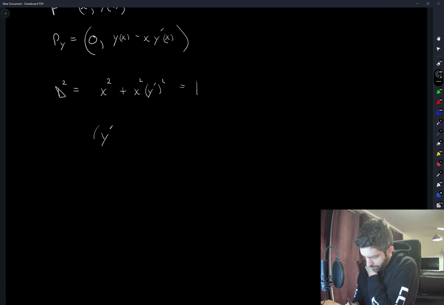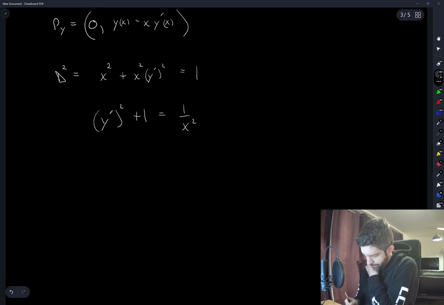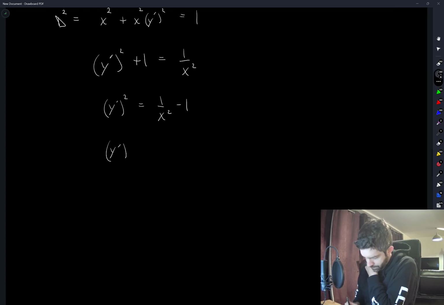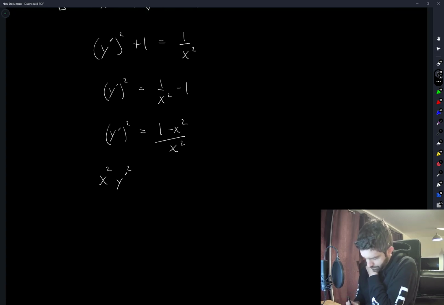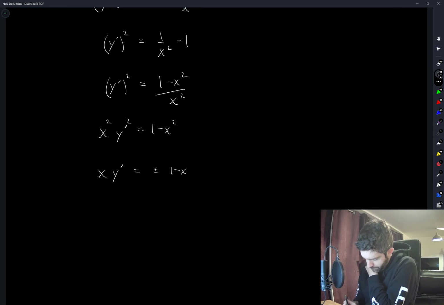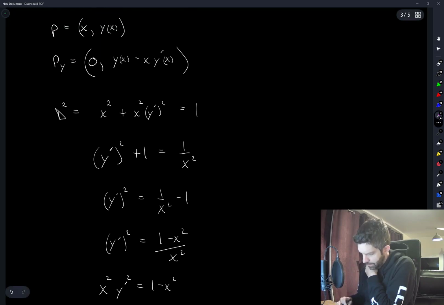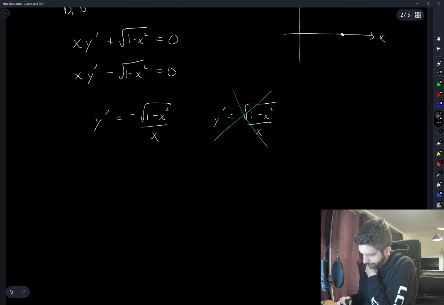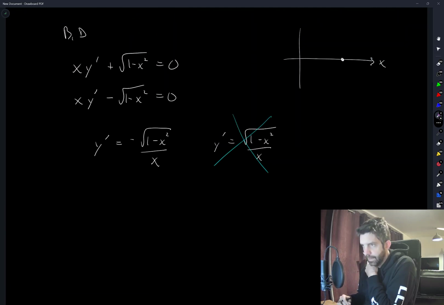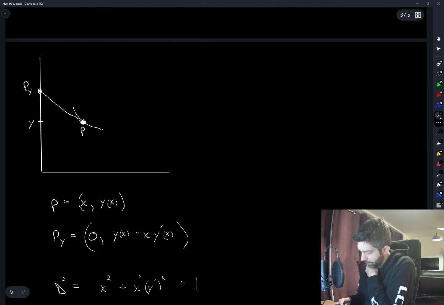So y prime squared plus 1 is equal to 1 over x squared. Okay, so now it's the same as one of these two, B or D. So I already ruled one of them out, right? Yeah, so option B could be correct.